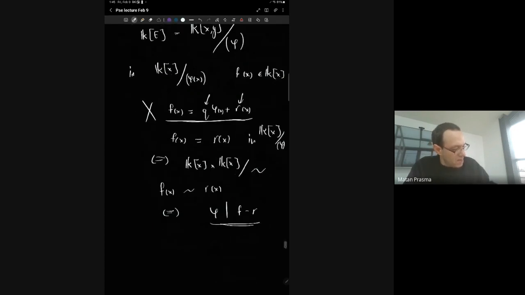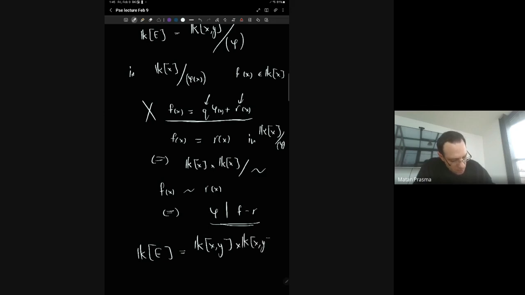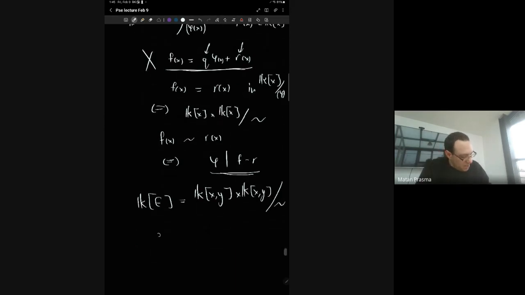So when I say K[E] is K[x,y] modulo phi, I really mean that I take K[x,y] and I mod out by an equivalence relation, which is f(x,y) is equivalent to r(x,y) if and only if f minus r is divisible by phi.